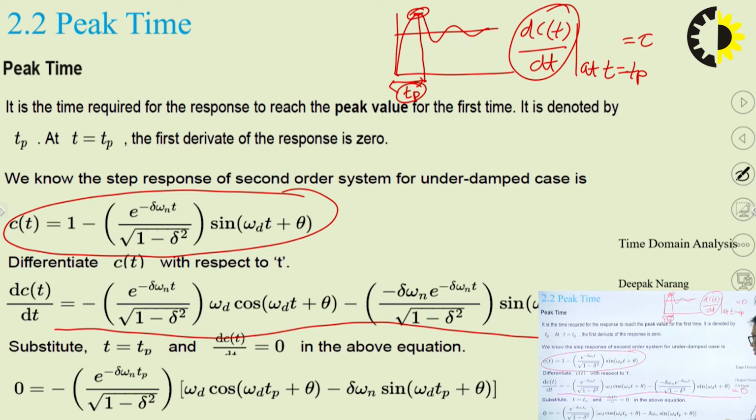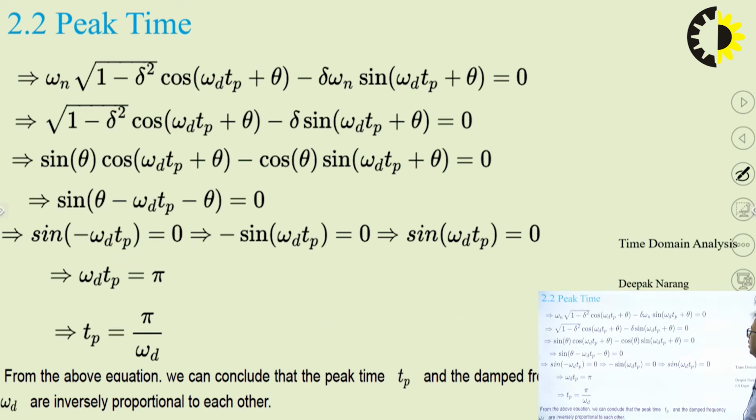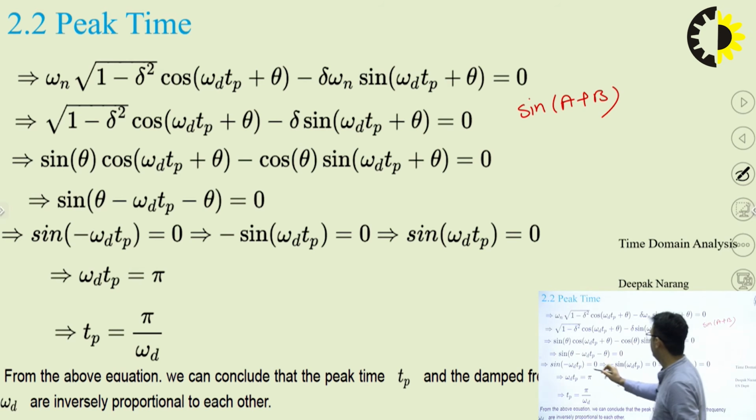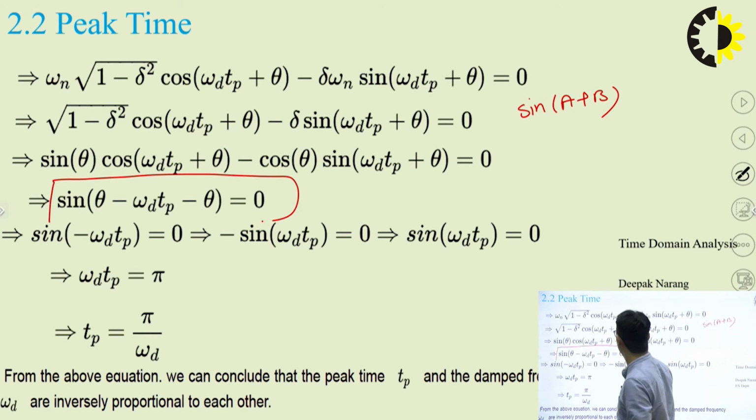Taking the common factor from the equation, we get this part, and after solving, again making the formula sin(a plus b) for this equation, we get this value.